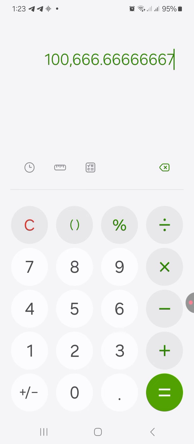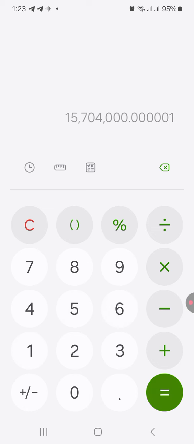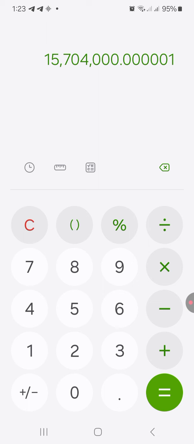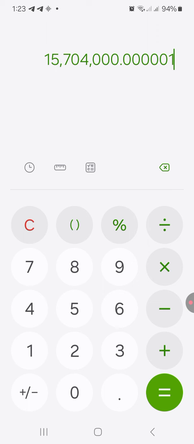It works out to 100,666 tokens per day, and I multiply that by the 156 days. So far, a total of 15,704,000 Bittoken has been distributed.